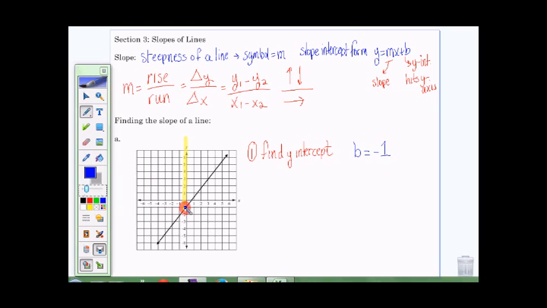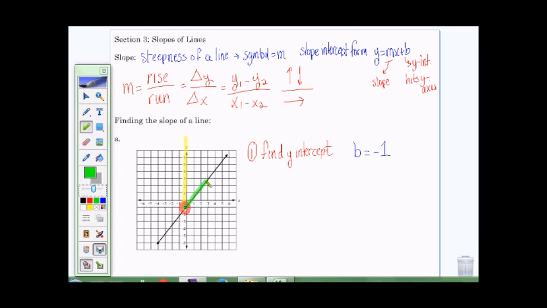And then you move the way you would read, from left to right. If we move from left to right, we're going up, and you move along this line. I'm going to start here and move along the line, and I keep going until I find one of those perfect spots where the line crosses through the corners of the squares.